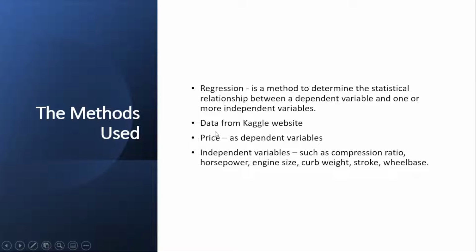Price was the dependent variable, and independent variables included compression ratio, horsepower, engine size, curb weight, stroke, and wheelbase, among others.